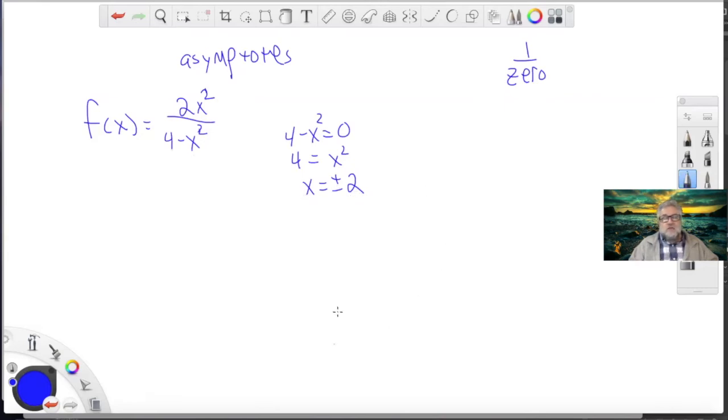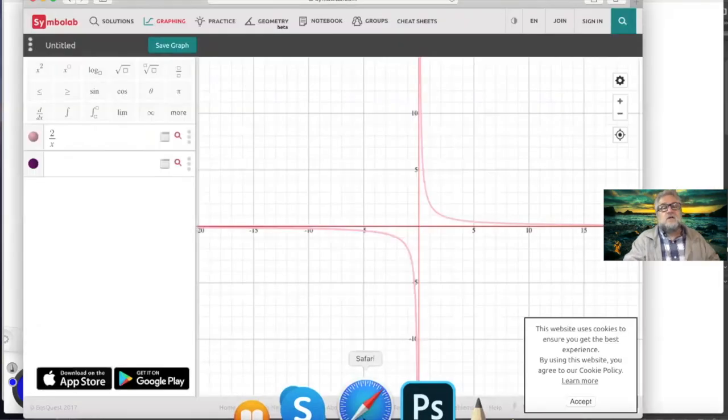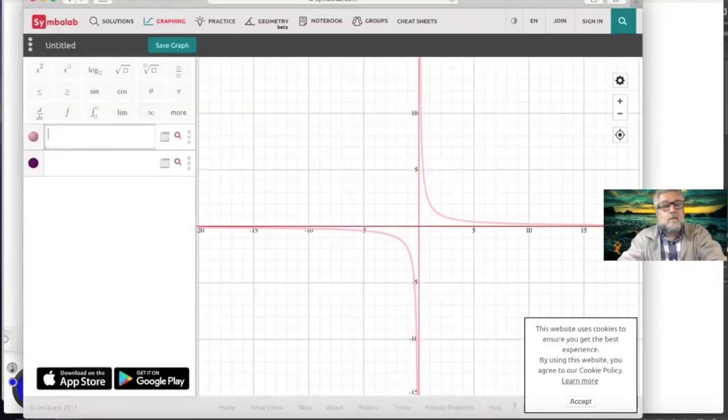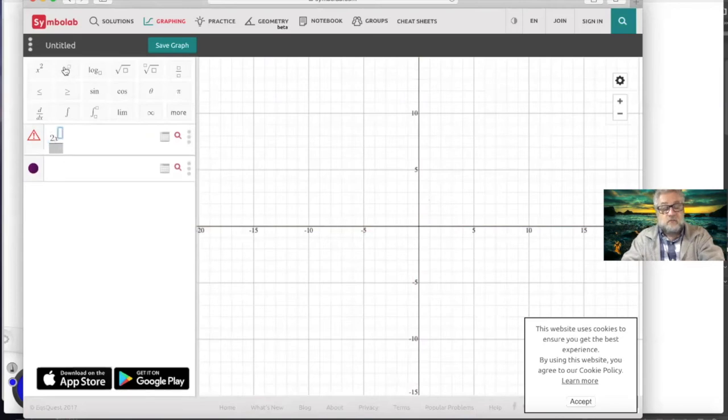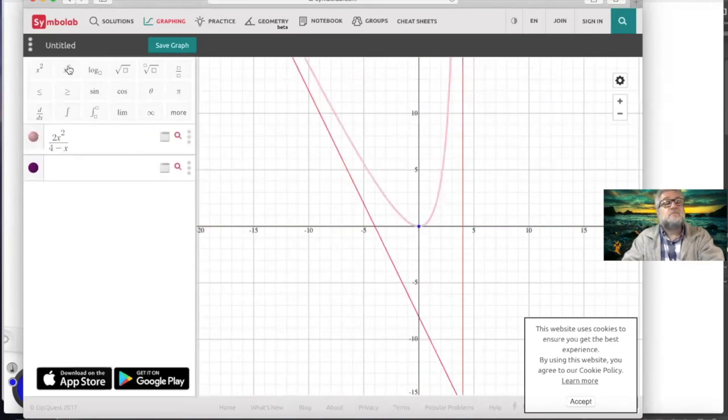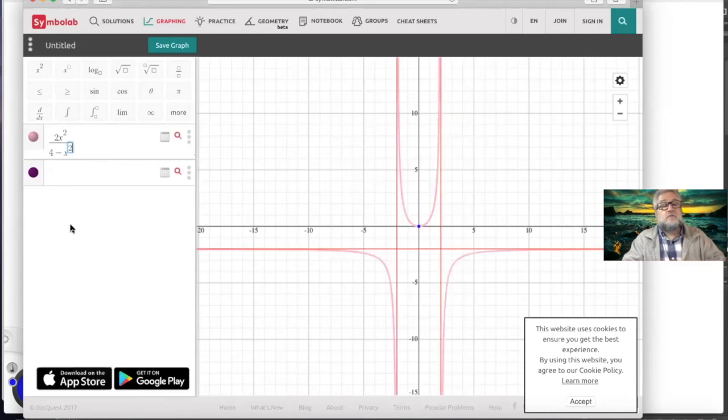Now let's go back over to Symbol Lab and let's look at that. So 2x squared. So we've got to do a fraction first, then 2x exponent squared over 4 minus x squared. Okay, there it is.